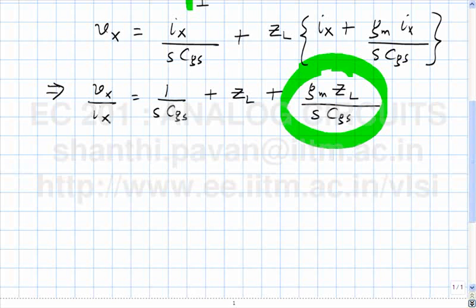The observation is, if ZL is purely resistive, then what will it look like? ZL is equal to RL, some resistor.